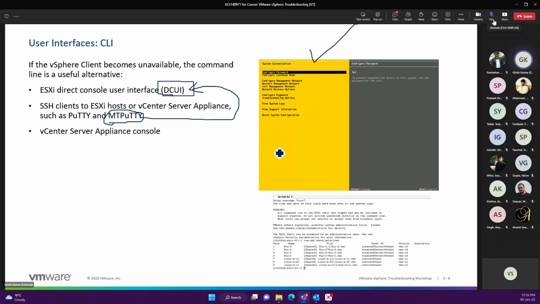When you lost all network to reach your ESXi, you cannot attempt SSH because the network is not available. The last alternative is the physical console of the ESXi host, and that is the DCUI. Here you cannot use the mouse, you can use only the keyboard.